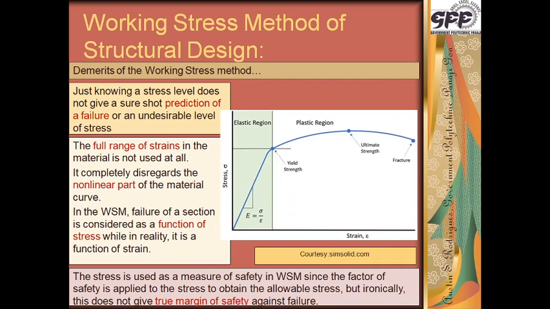The stress is used as a measure of safety in the working stress method, since the factor of safety is applied to the stress to obtain the allowable stresses. But ironically, this does not give the actual true margin of safety against failure. We are using the stress as 5 Newton per mm square in case of M15 concrete. But how much is the margin of safety? No one can say for sure. So that is another disadvantage of the working stress method.